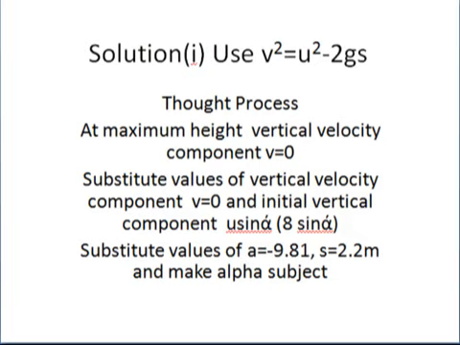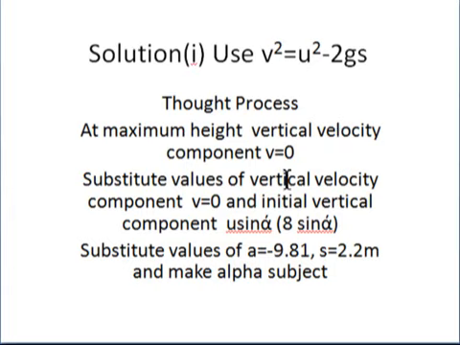So quickly, the solution to the first part. I hope you paused the video and made some calculations. The solution that you get, this is the third process. At the maximum height, the vertical velocity is 0.